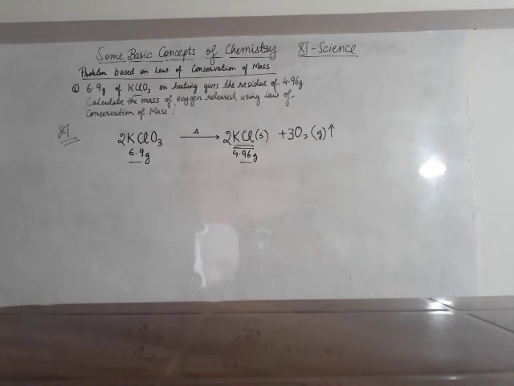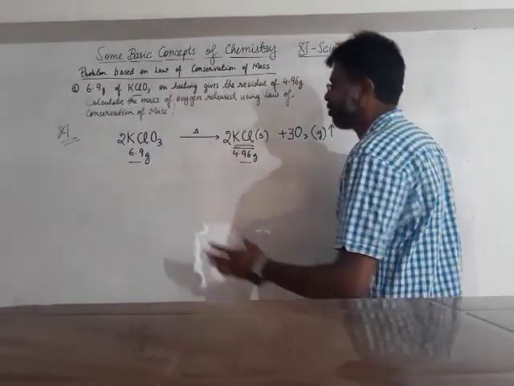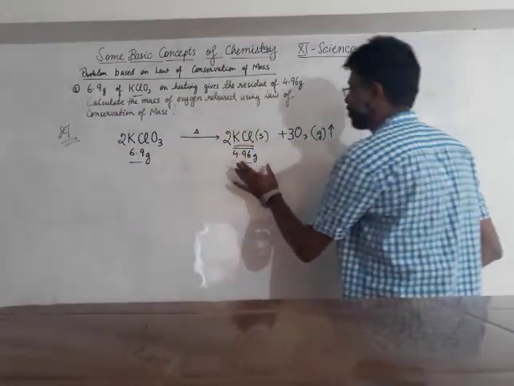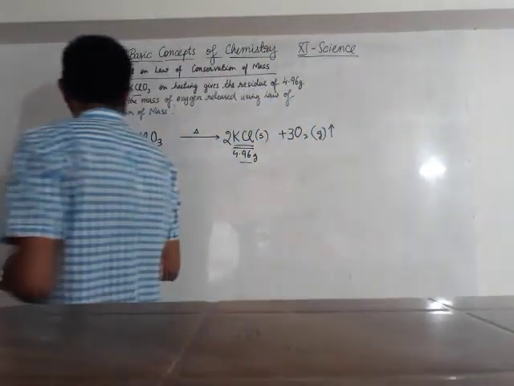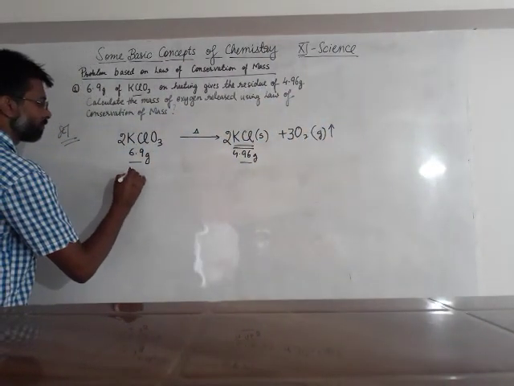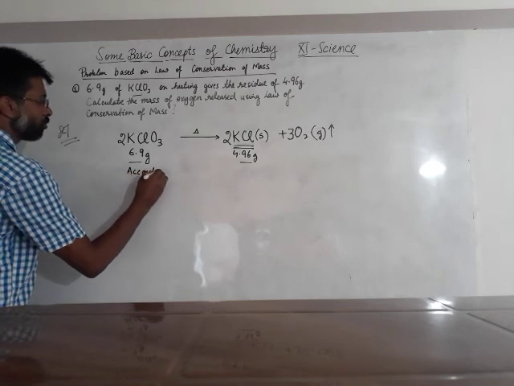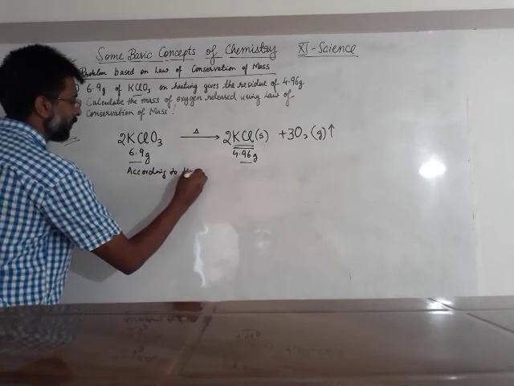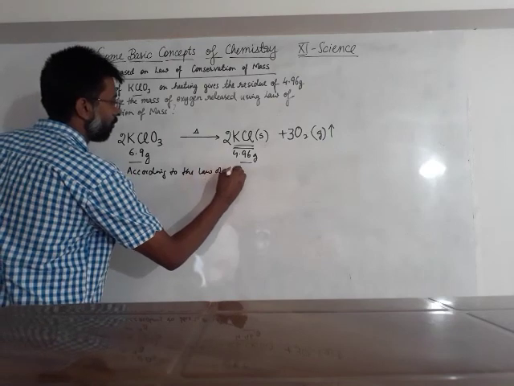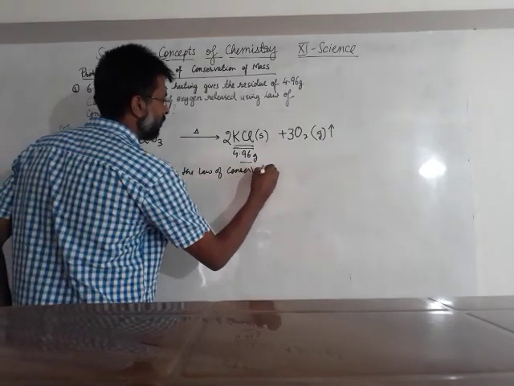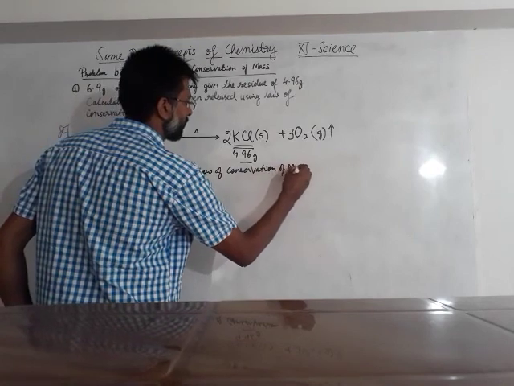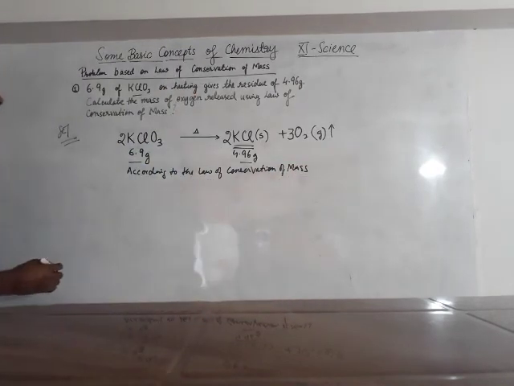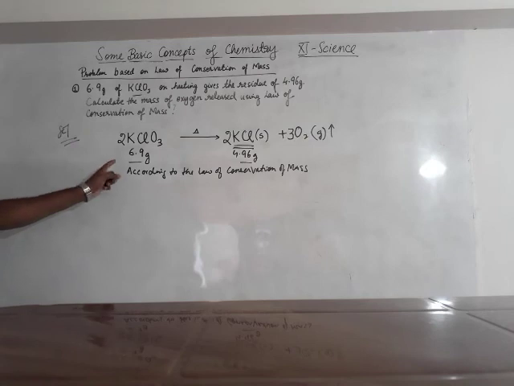Now we know, according to the law of conservation of mass, the total mass of the reactants should be equal to the total mass of the products. So that is what we are going to do now.